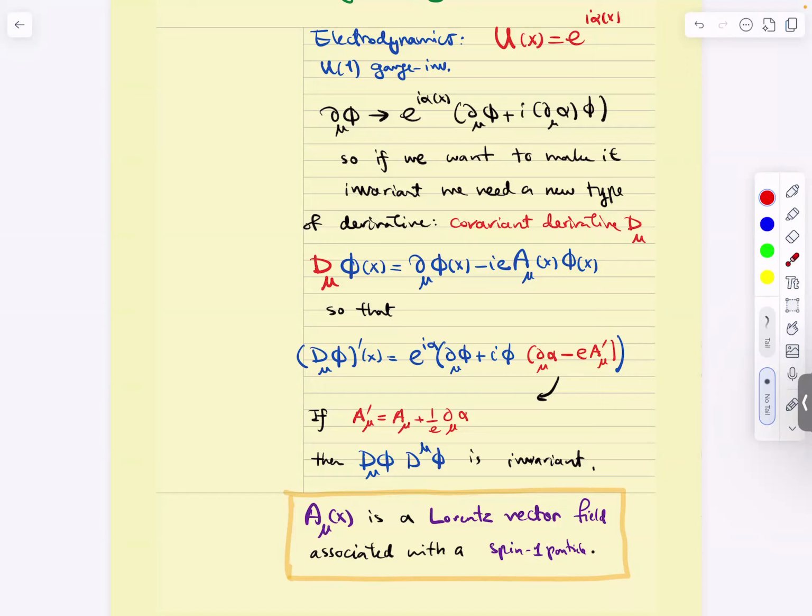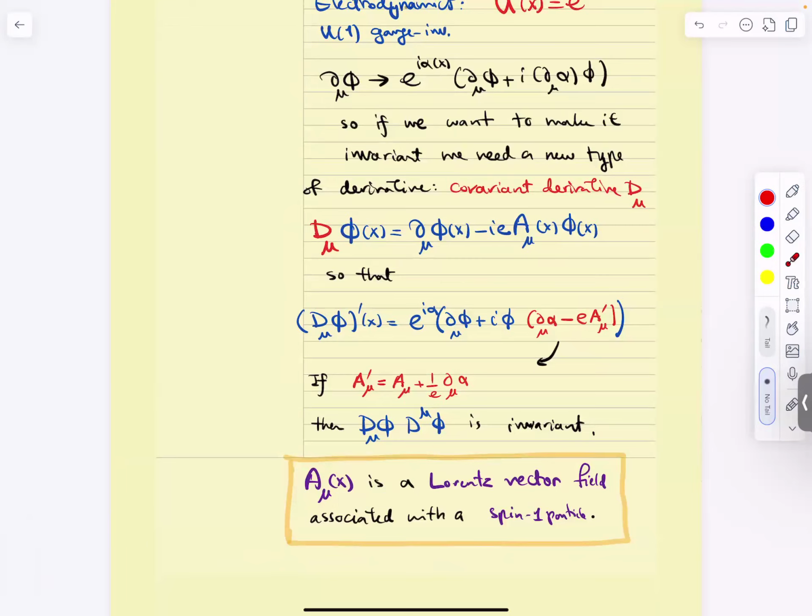To make sure that's the case, invent a field. There's another field that lives in the universe, and every time you apply this, that field changes exactly by the right amount to cancel it. So that is what the gauge field is.